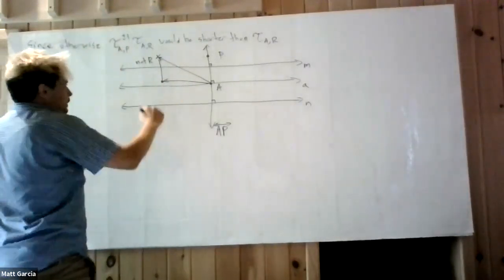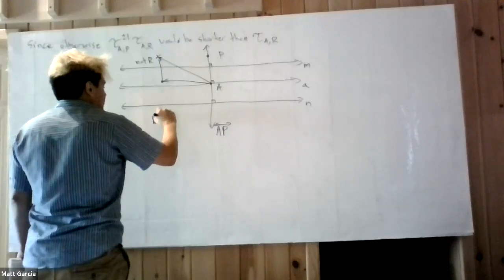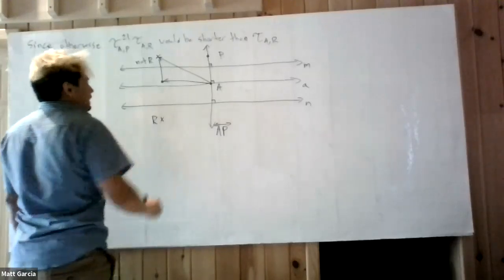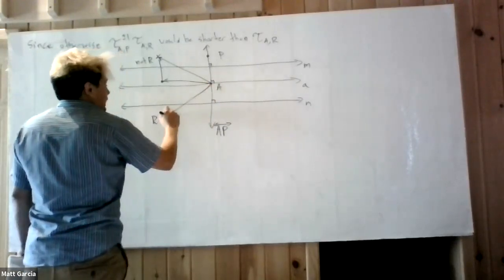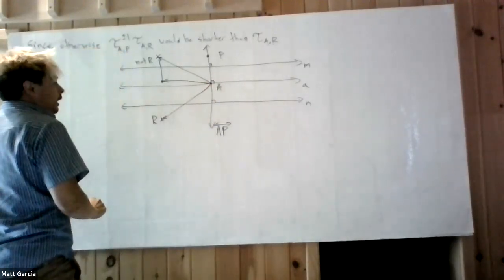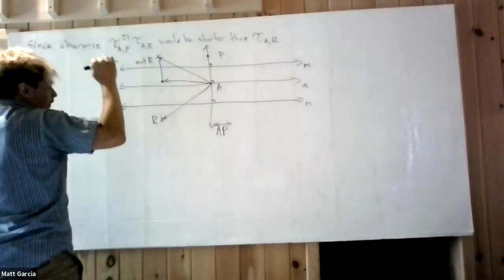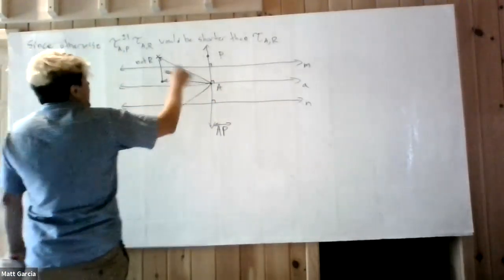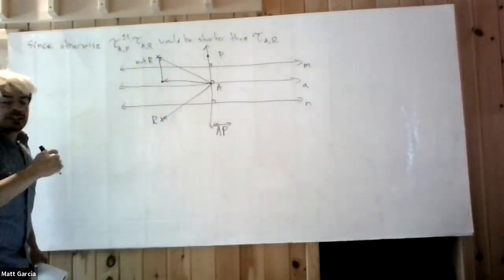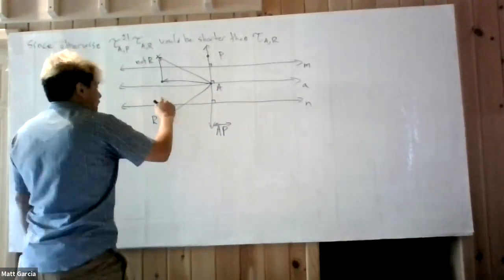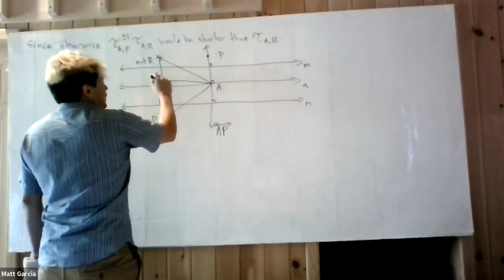And similarly, what if I put R down here? Well, first I do the translation from A to R, and then I do the translation from A to P. This time I use not the inverse, but just the translation from A to P. And this puts me somewhere up here.